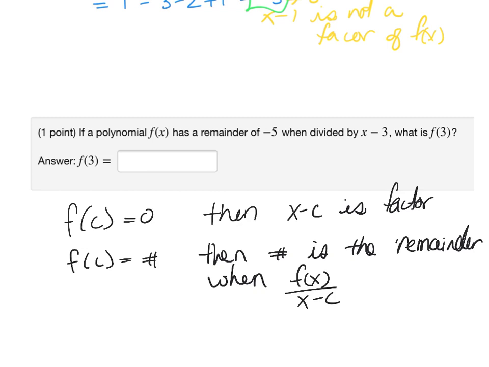So which one of those two theorems I just gave you is going to be important to answer this question? The second one. Okay. So what is f of 3?